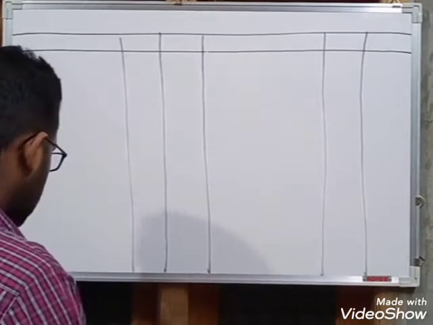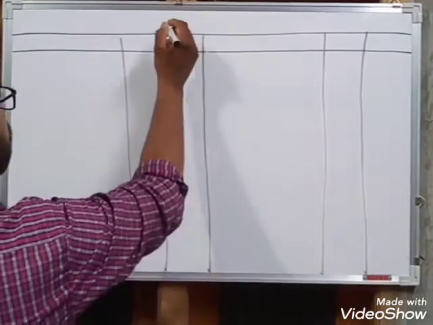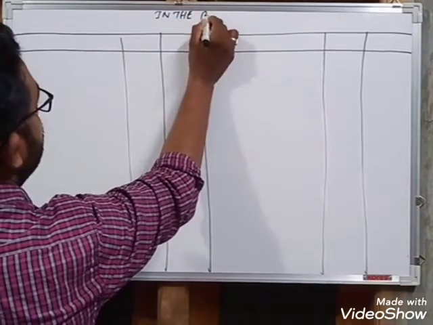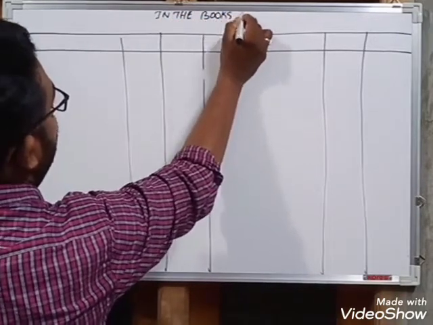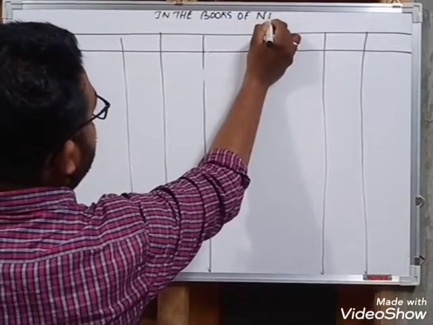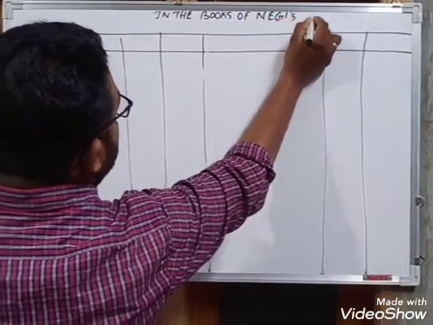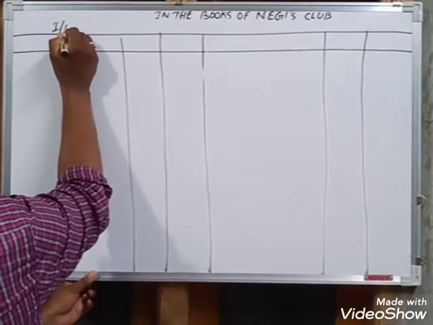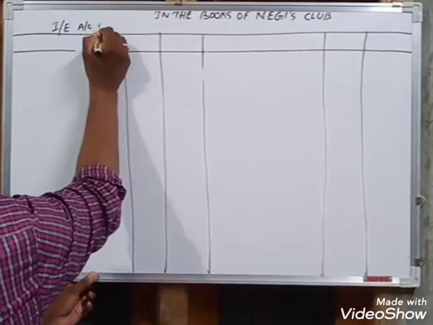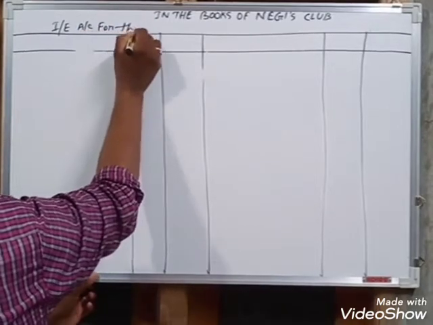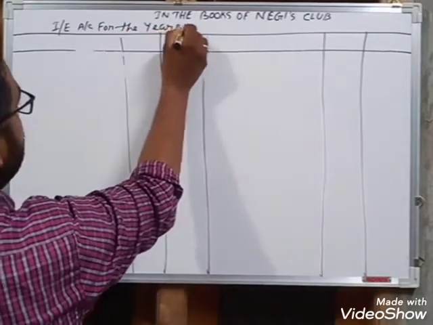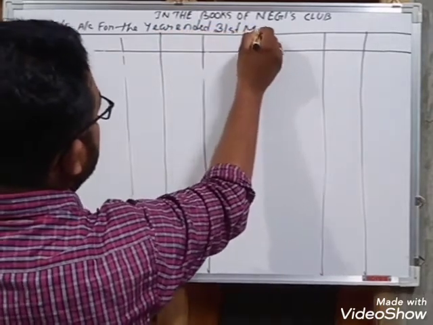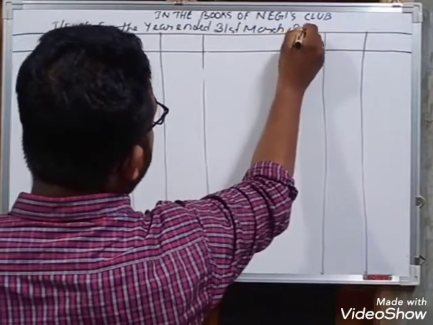Okay, so at the top we have to write in the books of Nagy's Club, income and expenditure account for the year ended 31st March 2015.